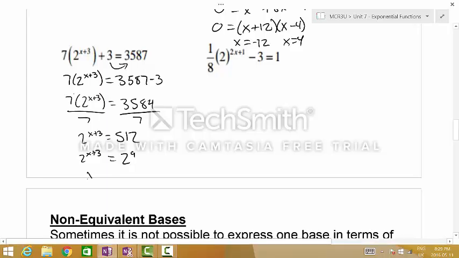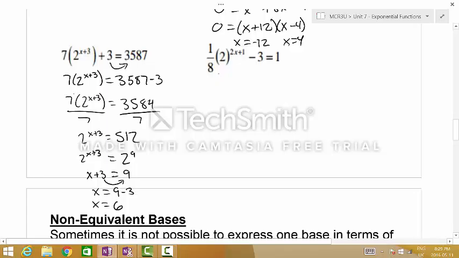I knew that the base had to be 2 because the base on the left hand side is 2, and there isn't really anything that we can reduce that to 2. So once we have that common base of 2, we ignore the base, just have the exponents equal each other, and once we've done that, we solve for x, and we end up with x equals 6.